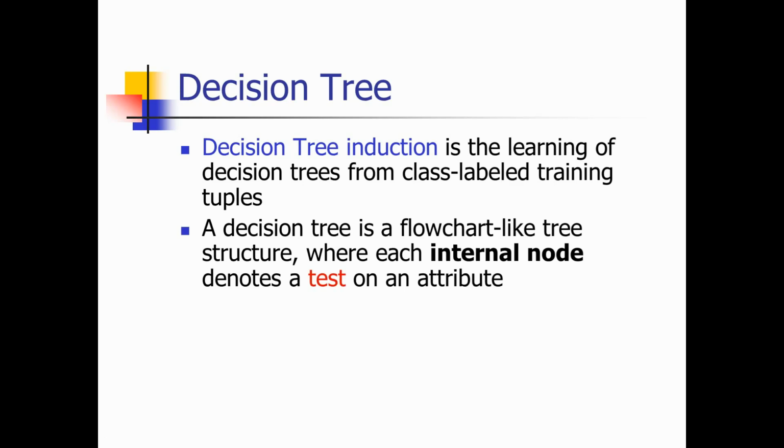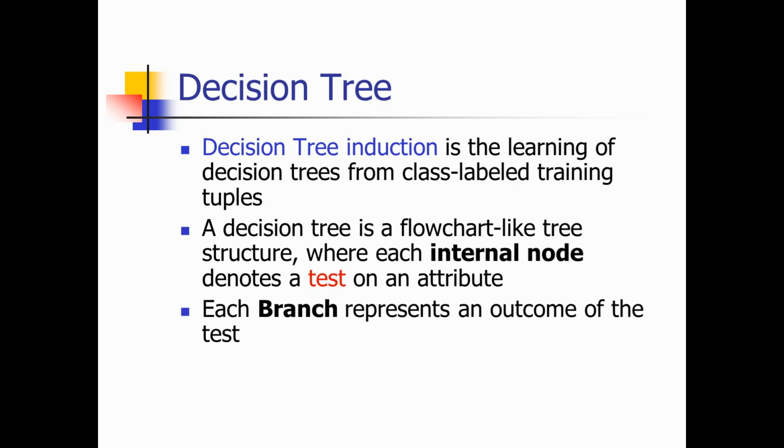Every internal node of the decision tree denotes a test on an attribute, and each branch represents the outcome of the test. When it finally reaches the leaf node, it indicates a class label that this decision tree predicts.